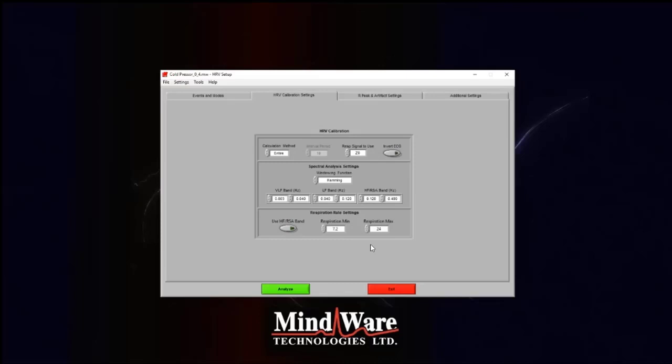Okay, so basically we want to know about a comment on why we need 30-second epochs. There's some fundamental literature, a 1996 heart rate variability guidelines publication, where all of this is derived from. In that, we're looking at how many data points we need for the fast Fourier transform to work. Normally that's around 30 seconds, and it also allows us to get a sufficient amount of breaths during that time.